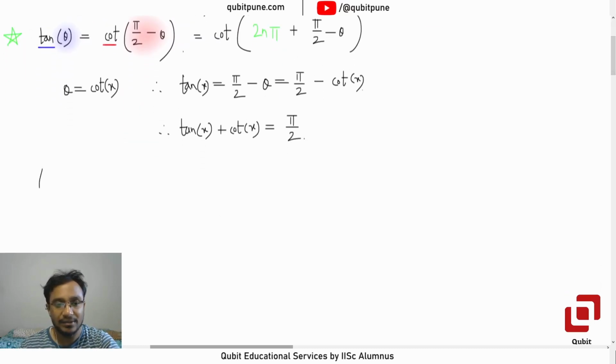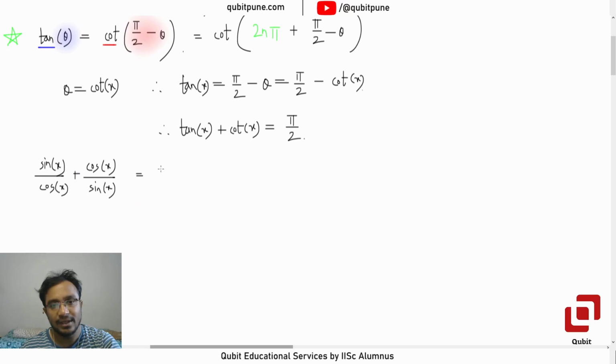Now let's try to simplify this. Tan is sine upon cos, and cot is cos upon sine. So this is our LHS. Let us continue to simplify this.